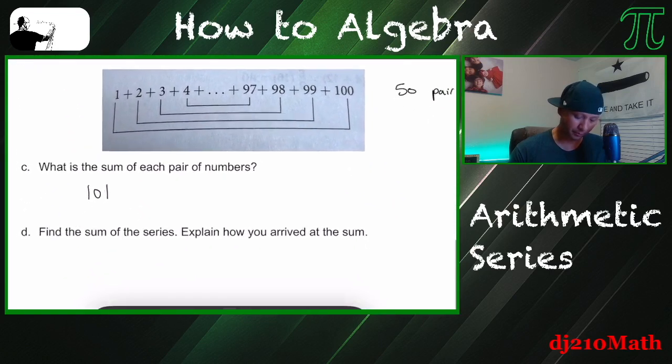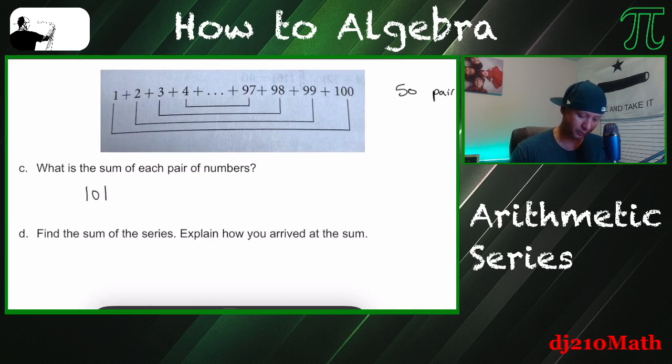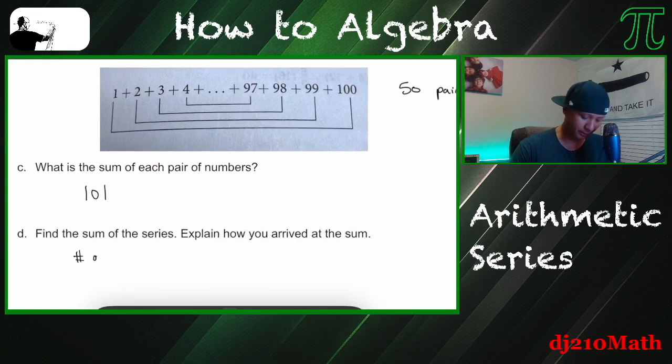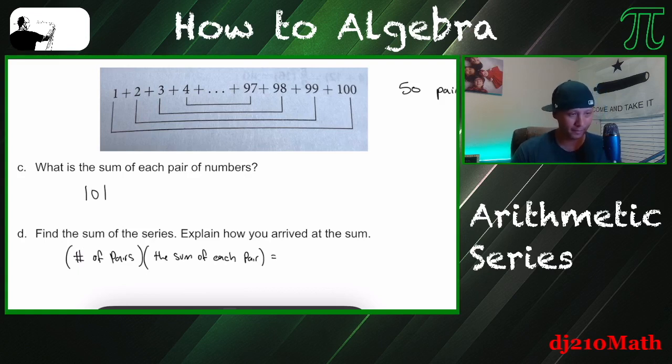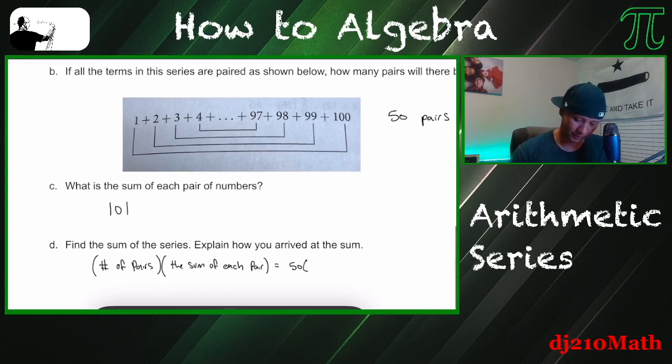In this problem, if we do the exact same thing, we take the number of pairs and multiply it by the sum of each pair. This should give us the sum of the series. So there are 50 pairs times 101.